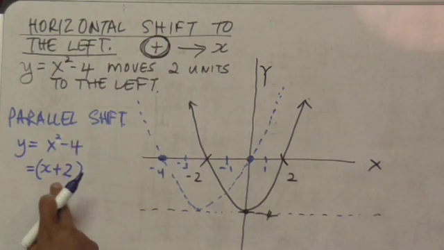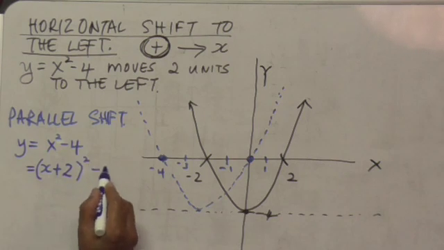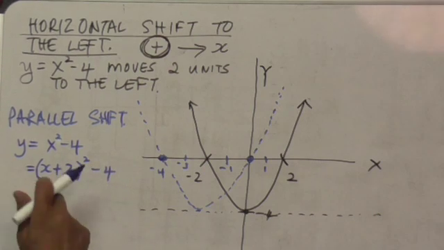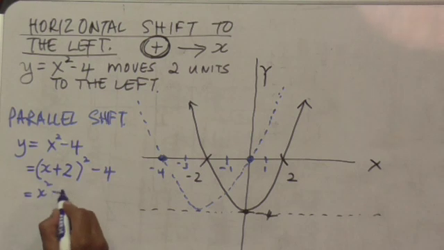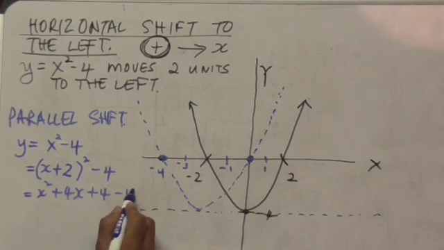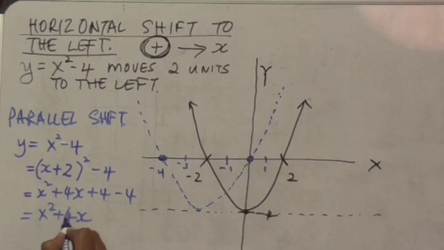Now it may sound very funny, but this is how it works. (x + 2) squared minus 4. The y-intercept will change, and you'll see how it will change automatically. But it doesn't affect the y-intercept. It changes here. This is x squared plus 4x plus 4 minus 4. Simplify that, x squared plus 4x.